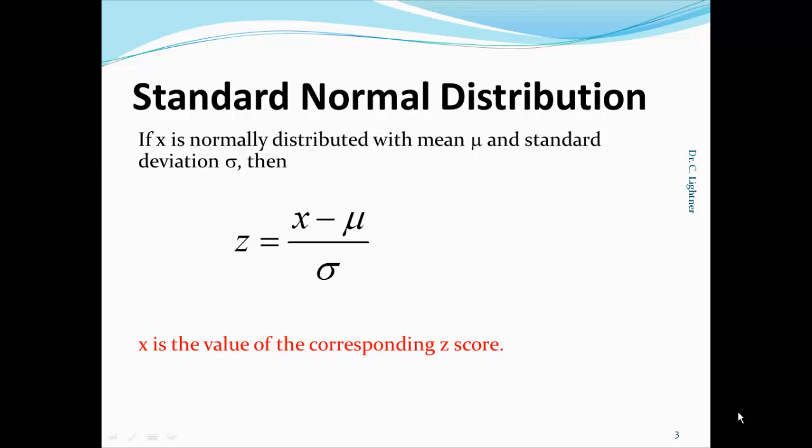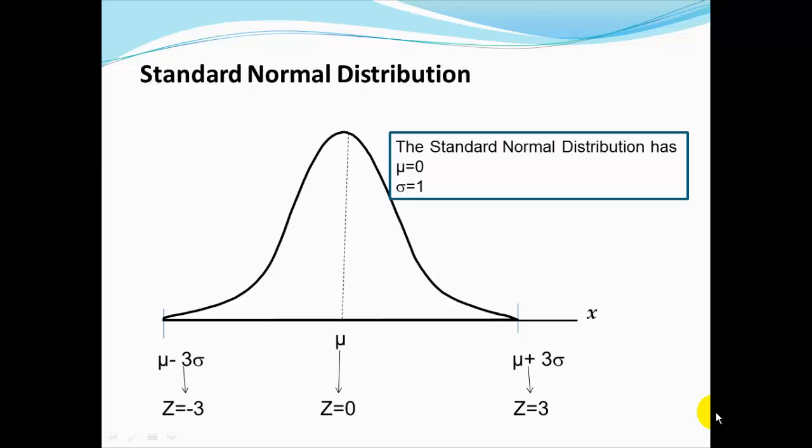If X is normally distributed with a mean of mu and standard deviation sigma, then the z-score formula here on this slide provides the corresponding z-score for the X value. If we draw our normal curve and use the z-score formula, we will find that the z-score for the mean will always produce a z-score value of 0.